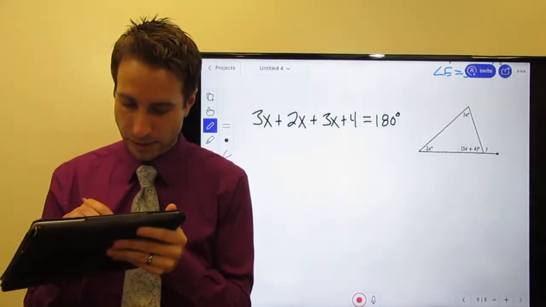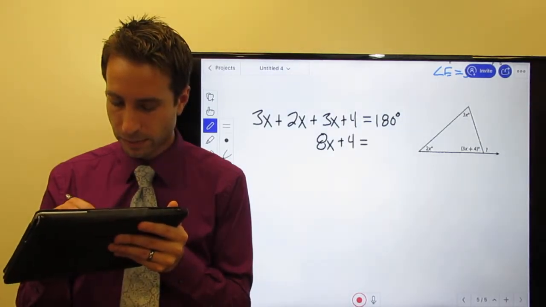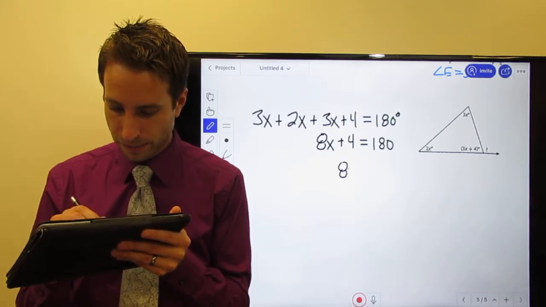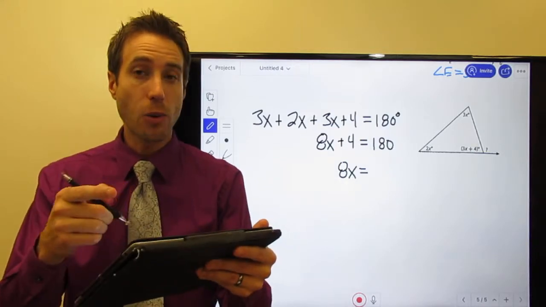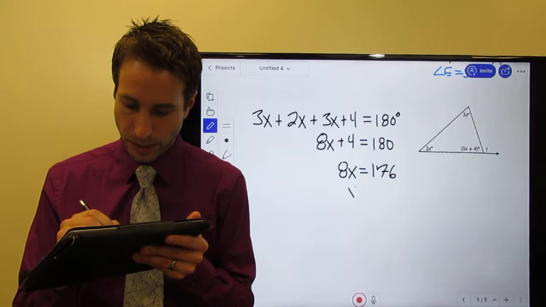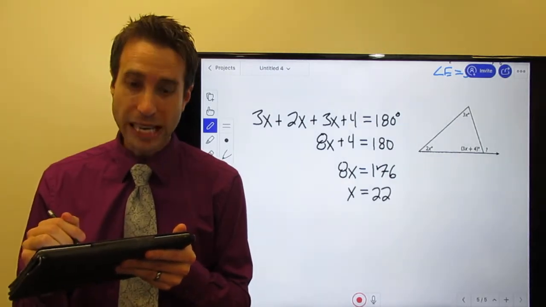How about 8x? Subtract 4. 180 minus 4. How about 176? Divide both sides by 8, and we get 22.